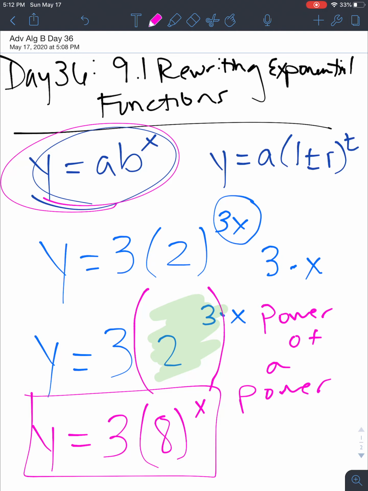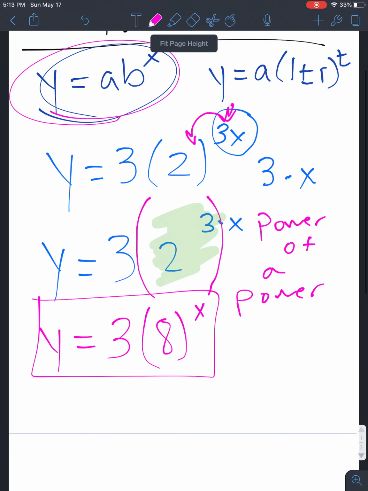All right, so by just bringing this 3 inside our parentheses, we still left it as an exponent, but we brought it inside the parentheses and then evaluated our base number to that power. And when we did that, we are then left with a simplified version of our original equation that is now in exponential form. All right, now it looks like an exponential growth or decay.